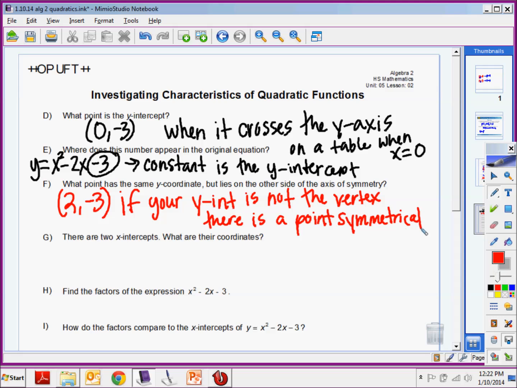But if my y-intercept is the vertex, then there is not a symmetrical point. It works vice versa. Not the vertex, there is a symmetrical point. Because if it is the vertex, then it's on the line of symmetry.